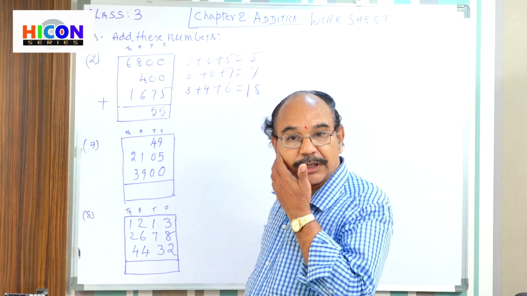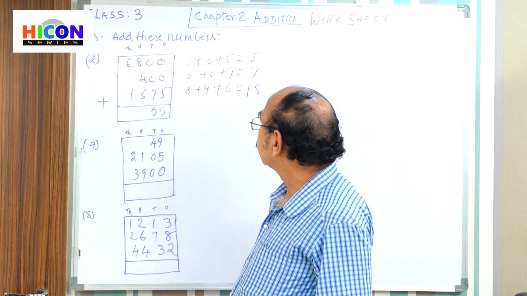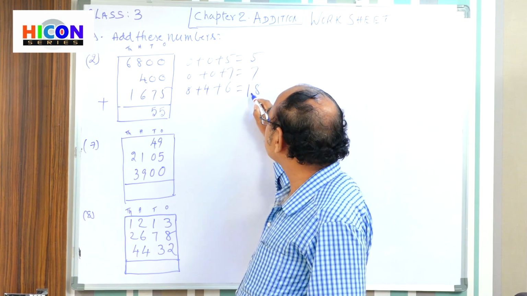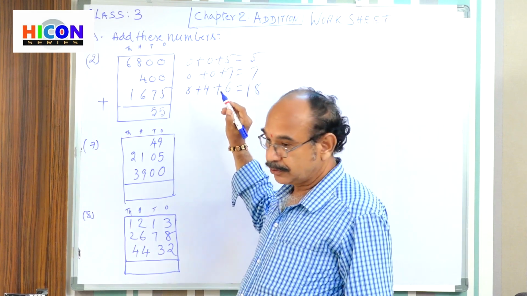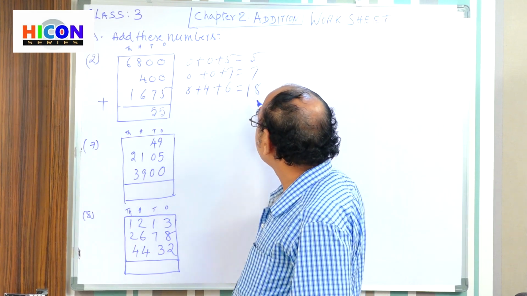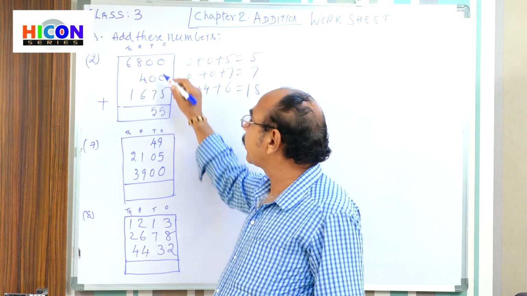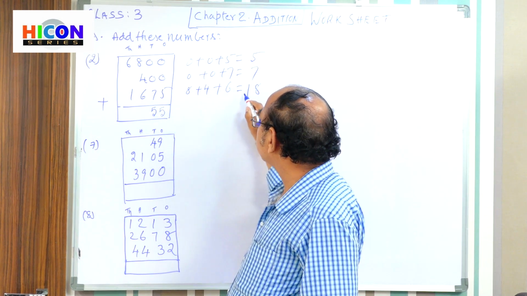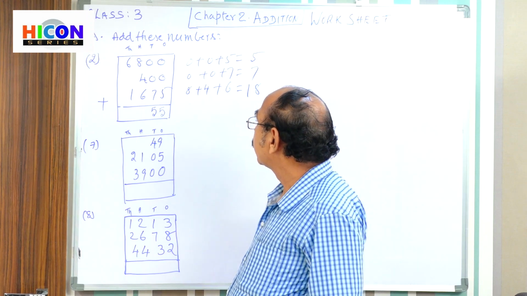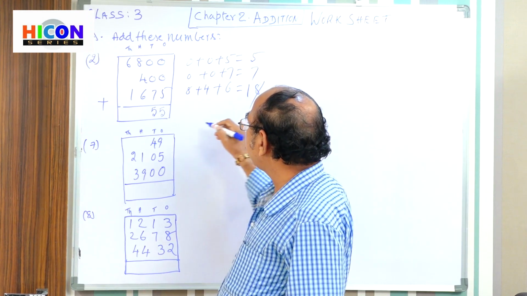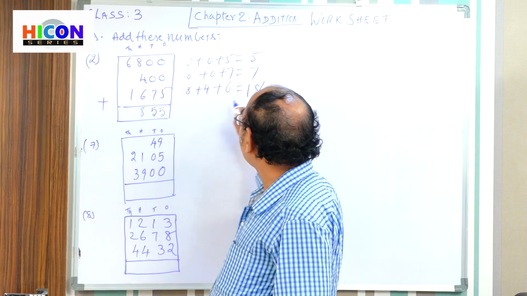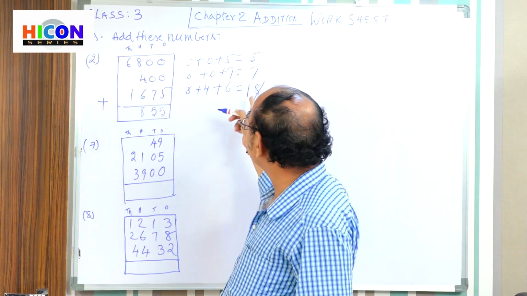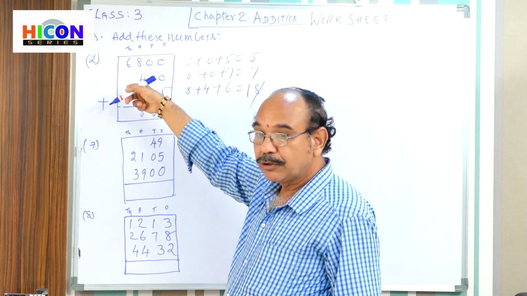So here regrouping is there. That means 10 hundreds plus 8 hundreds, so 1800. Total how many hundreds? 800 plus 400 plus 600, that is 1800. So here we write 8, and 1 is to be carried to the thousands place.